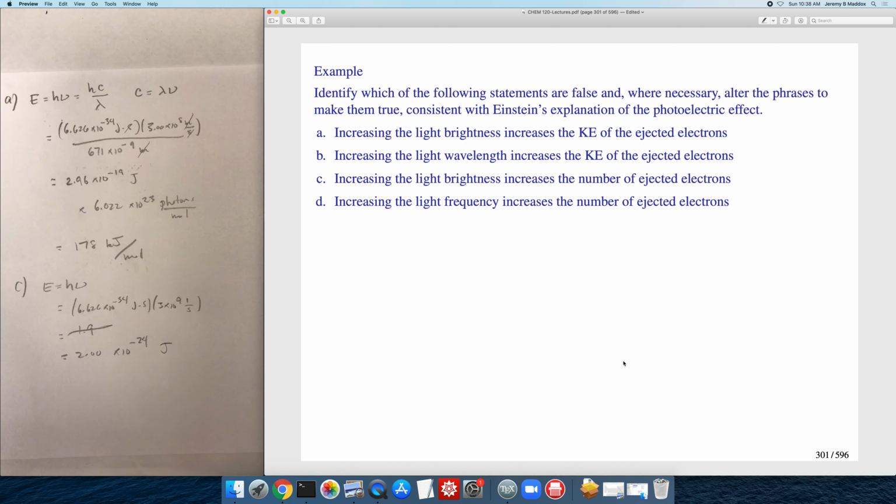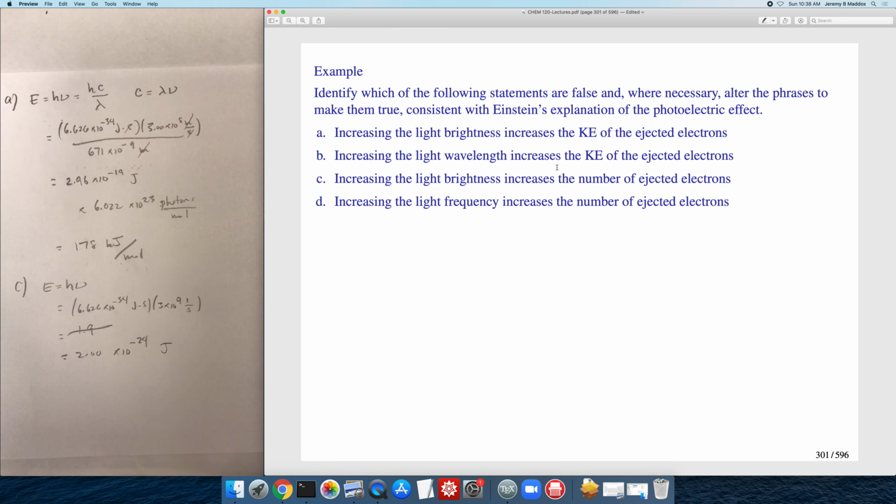That is false. That's what classical physics would predict, but that's not what's observed. What is observed is that the kinetic energy of the photoelectrons increases when the frequency of light increases. So to make this statement correct, you would replace the word brightness with frequency.